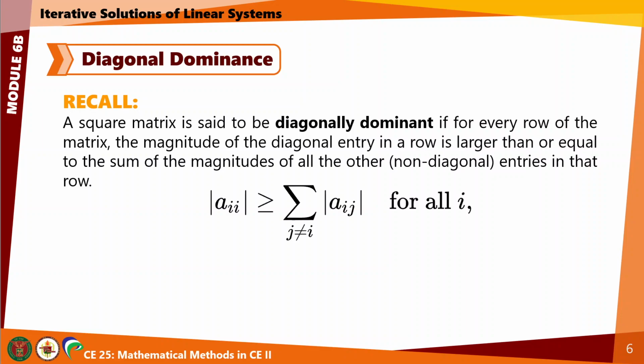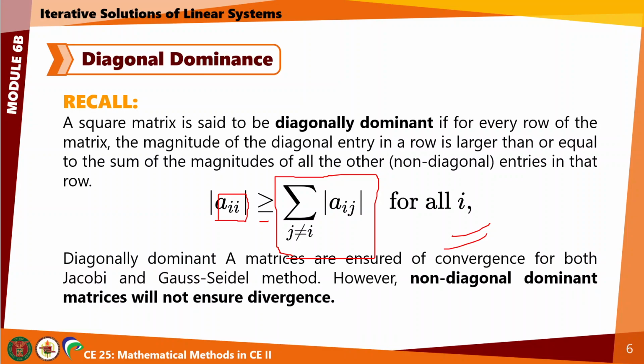In symbols, the absolute value of the diagonal entry a sub ii, the same row and column number when you're on the diagonal of the matrix, should be greater than or equal to the sum of all your non-diagonal coefficients, for all i. So our square matrix is diagonally dominant when it follows this rule.